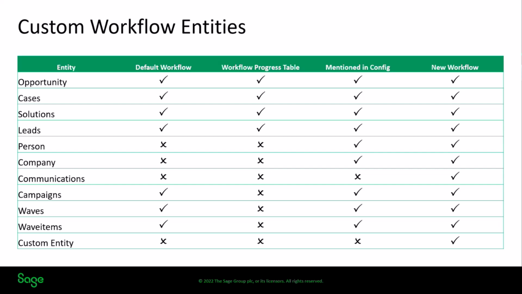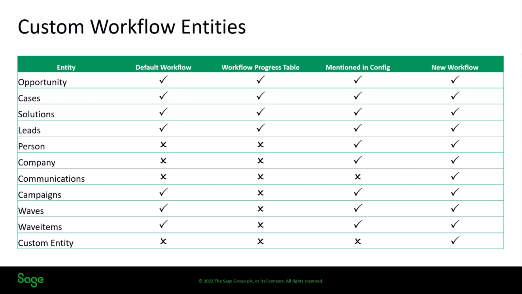So we can work with custom entities with workflow. You'll see that there's a number of entities, whether we've got opportunities, cases, solutions, leads, that can all have workflows associated with them. Some entities can be workflowed, but there isn't a default workflow available to them. So person, companies, communications can all have workflows associated with them, as well as a custom entity can, of course, have one available to it, but it doesn't exist out of the box.